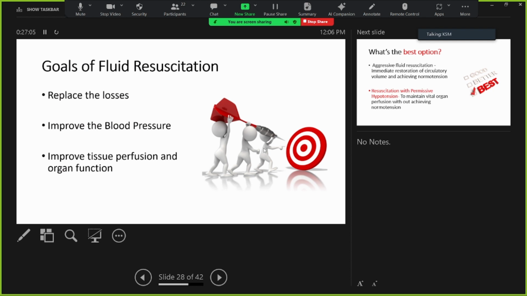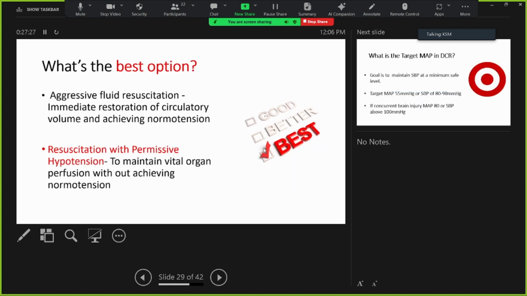So to start with our fluid management, you need to replace the fluid and get the blood pressure up, to improve the perfusion and organ function. So you will have a safe level of blood pressure to maintain tissue perfusion until your primary problem is sorted. Initially they talked about two ways of fluid resuscitation.